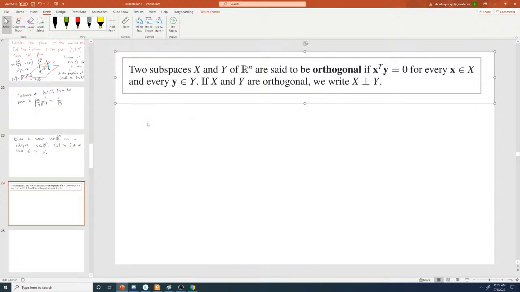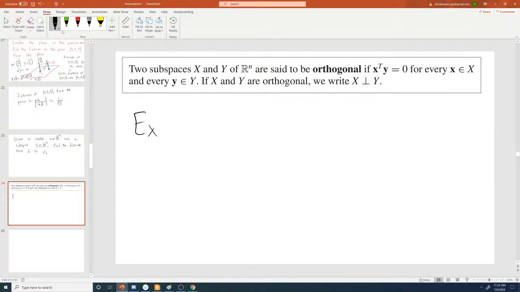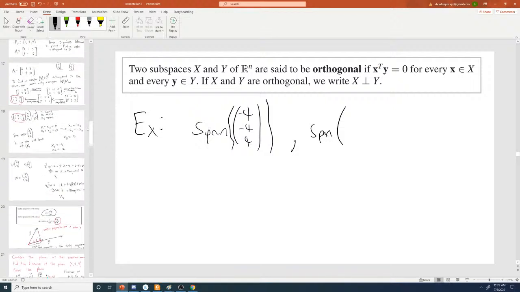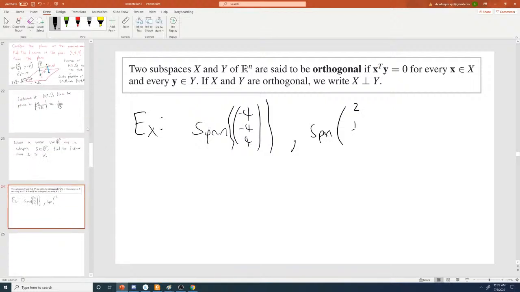What we can do is we can take the span of the vector -4, -4, 4, and we can also take the span of the vectors 2, 1, 3, and -1, 1, 0.